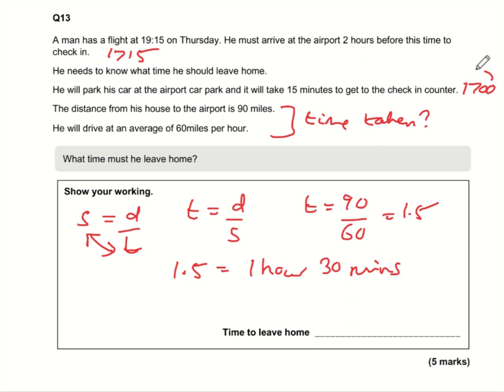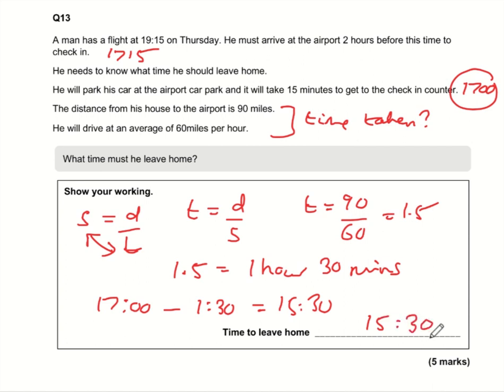So subtracting from 1700 hours, take away 1 hour 30. Let's take away 1 hour, that takes me to 1600. Take away half an hour, that is 15:30. So time to leave home no later than 3:30 in the afternoon if he wants to get there exactly on time.